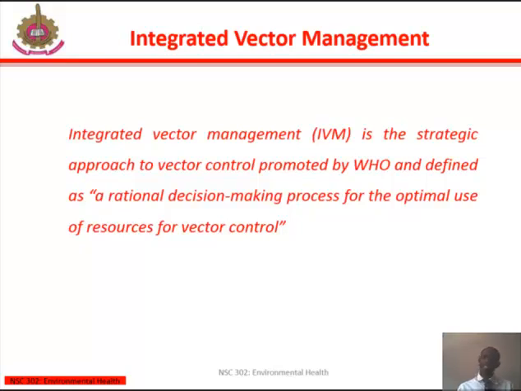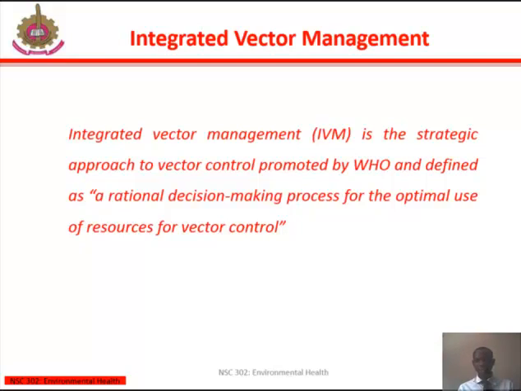And the last on the list is capacity building. Capacity building involves the development of essential infrastructure, financial resources, and adequate human resources at national and local levels to manage IVM programs based on a situation analysis.